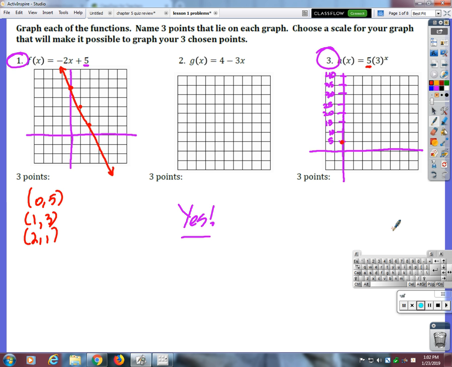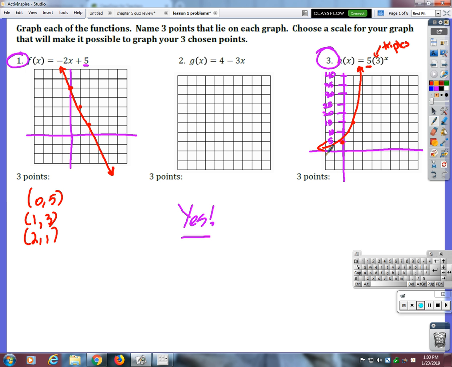This one doesn't have a slope because it's curved. But what you do know is since this is a 3 right here, that means it triples. So when I started at 5, 5 times 3 is 15. So my next point is going to be at 15. And then 15 times 3 is 45.